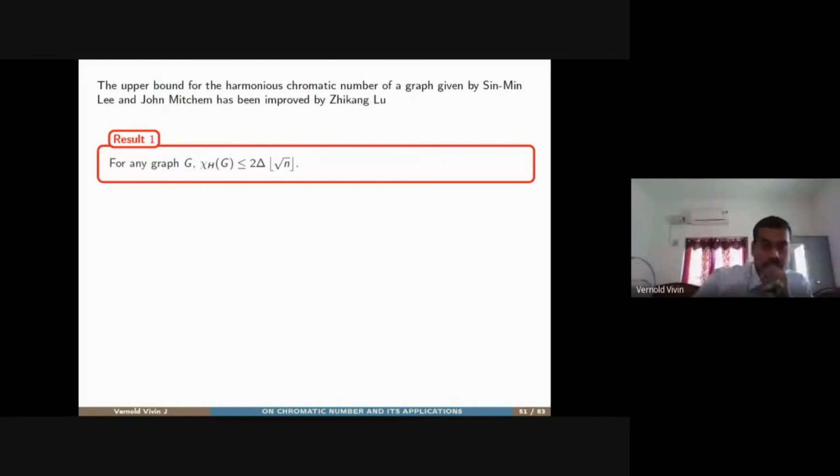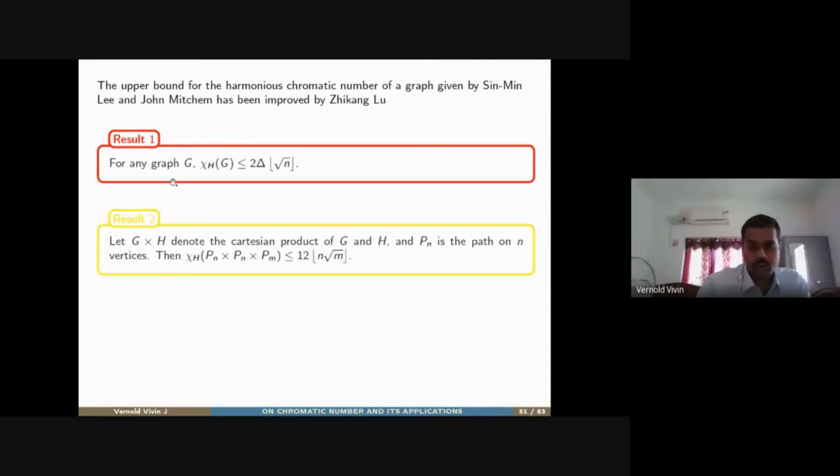For any graph G, chi of G will be less than or equal to 2 times delta, with a lower bound of the ceiling of the square root of the order of the graph N. Similarly, these are all existing results in the literature, the bounds that exist for harmonious chromatic number. This is for a general graph.